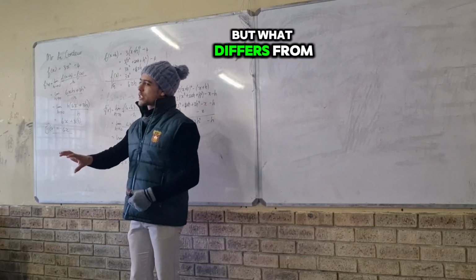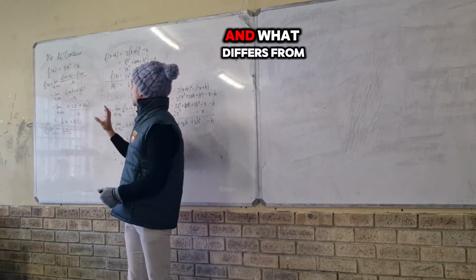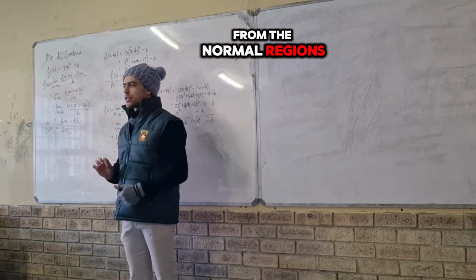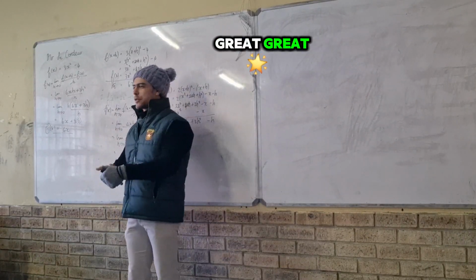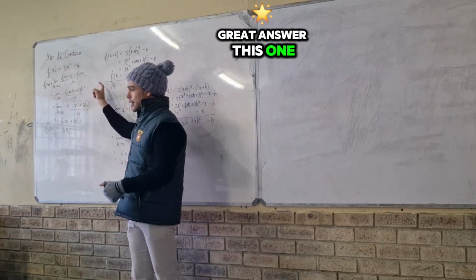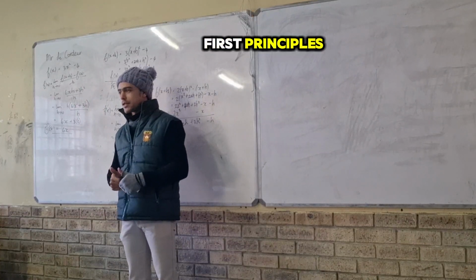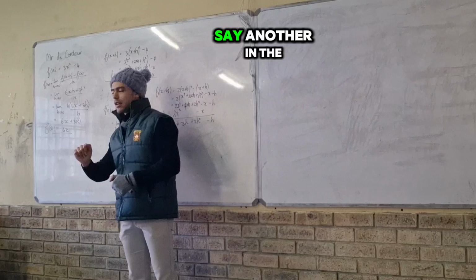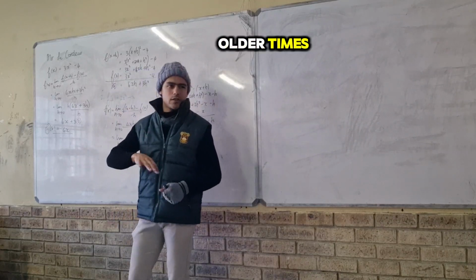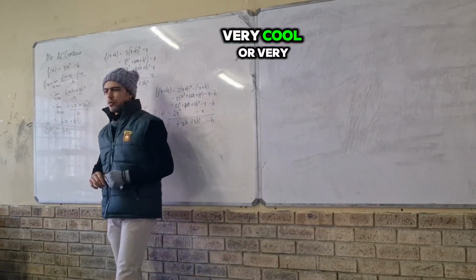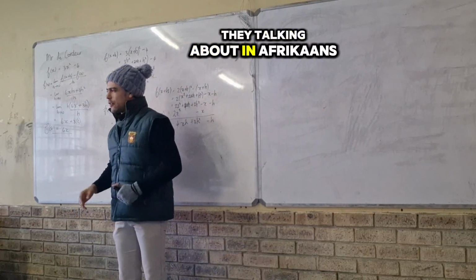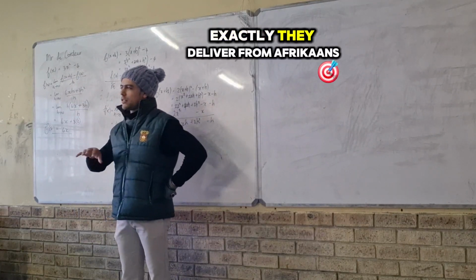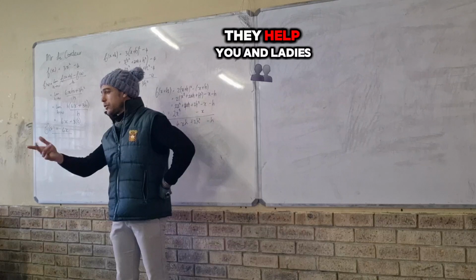But what differs between this question and the normal questions of calculus? Great answer. When they say from first principles, they can also say another term. In the older times, they wanted to sound very cool, and it's actually a derivative from Afrikaans. They can also say from foundation.